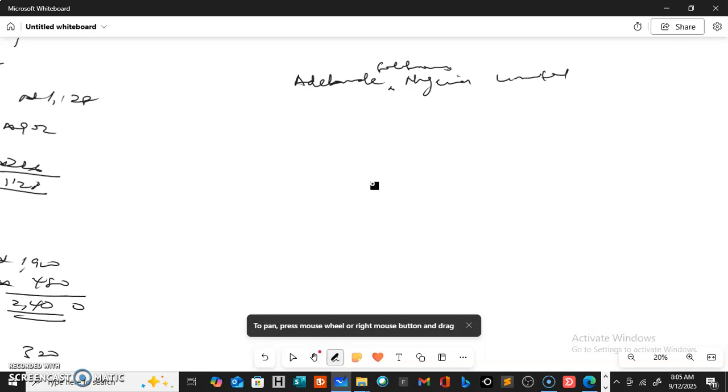I'm just using this for tutorial sake. Please, whenever you are preparing your account, make it more professional and neater. So we say trading profit or loss account for the year ended.